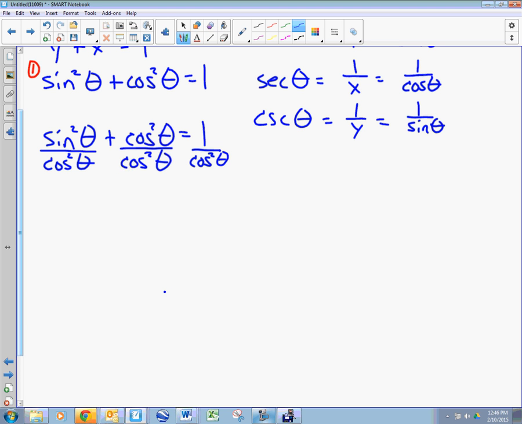So that's my step. Now let's simplify. What's sine squared divided by cosine squared? Tangent squared. What's cosine squared divided by cosine squared? What's 1 over cosine squared? This is my second formula that you really got to know.